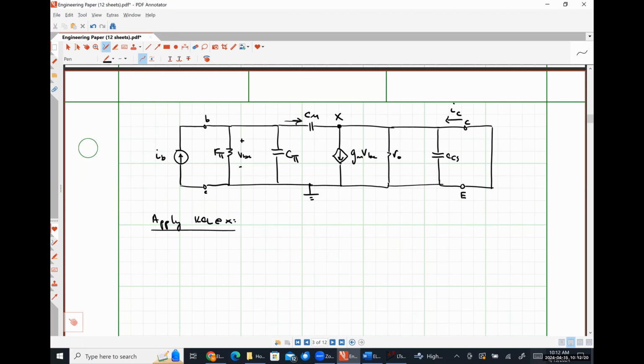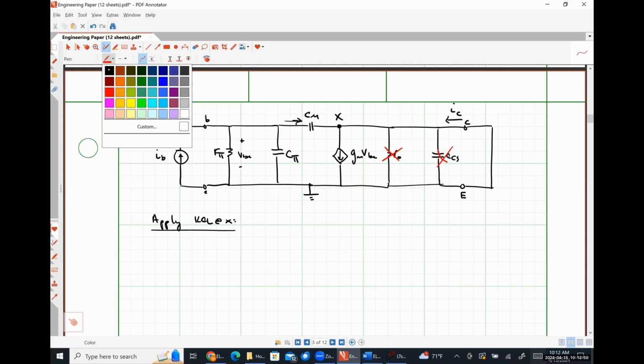Let me explain why explicitly I have a current of IC flowing in. CCS is grounded or shorted on both sides, so no current's going to flow through that impedance. R naught is shorted on both sides, so no current's going to flow through that impedance. So we have a current IC flowing in from the right, current flowing through the capacitor coming in from the left, and a GM VBE flowing out.